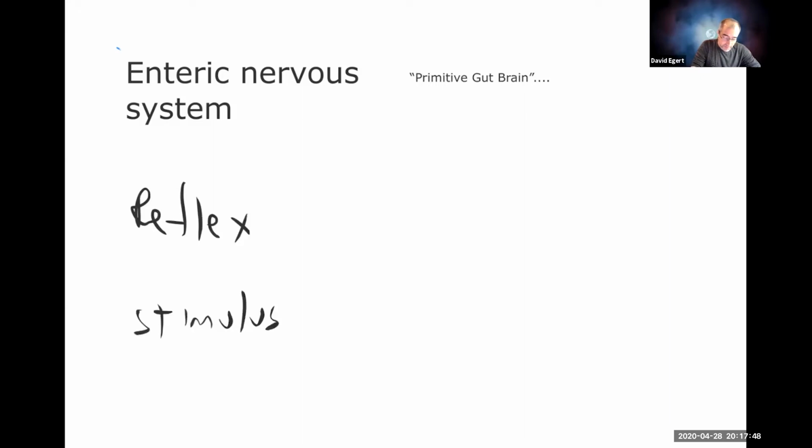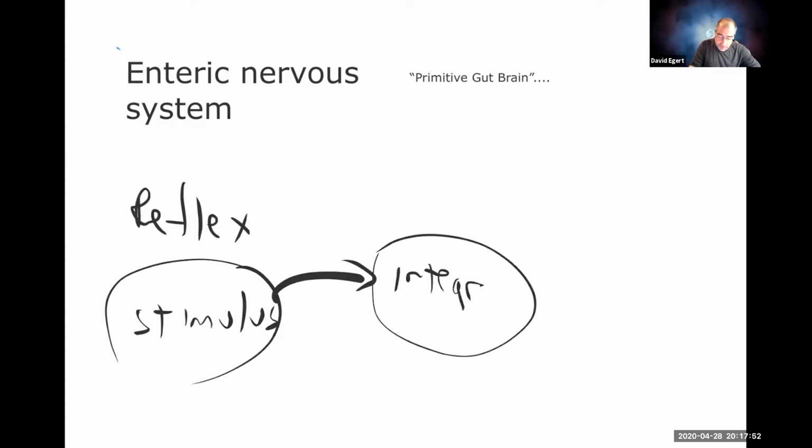Remember, we always talked about basic reflexes. If we think about what is a reflex, there's some kind of stimulus, there's some kind of integration, figure out what do we do with that stimulus, and then there's some kind of response.